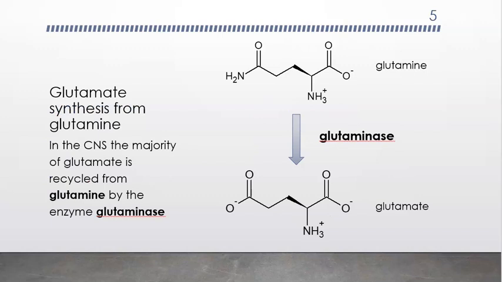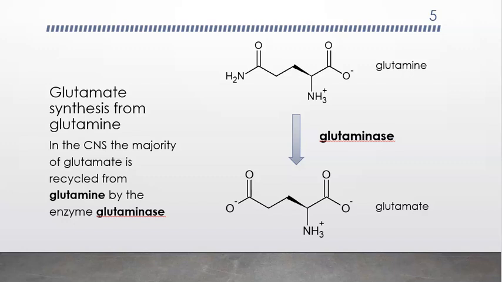So how do we synthesize glutamate? It's going to be pretty simple here. We've got glutamine, then we use glutaminase, and it turns into glutamate. It's that simple, guys. Glutamine uses glutaminase to turn into glutamate.